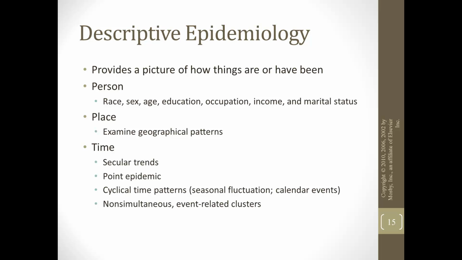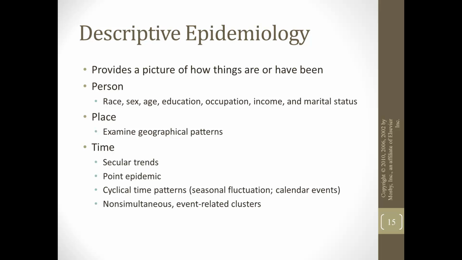Here, once again, descriptive epidemiology kind of takes a picture, looking at people's race, sex, age, occupation, income, and marital status, and examines geographical patterns. For example, people who live up north in the United States are much more likely to have MS, multiple sclerosis, than people who live in the south. And why does that happen?